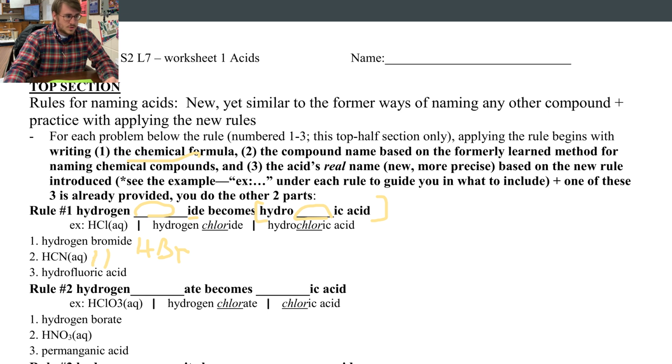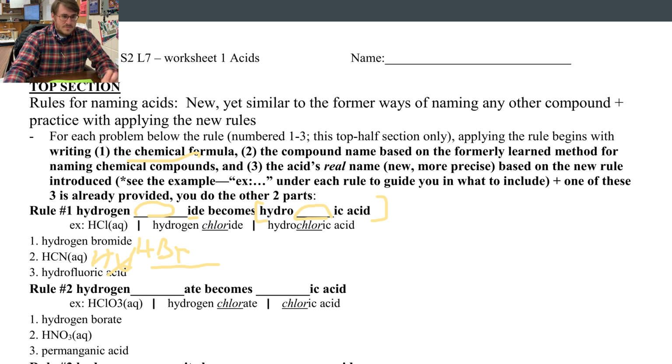Old rules, we would call that hydrogen cyanide. Plugging that into the rule, hydrogen cyanide becomes hydrocyanic acid. Pretty straightforward.